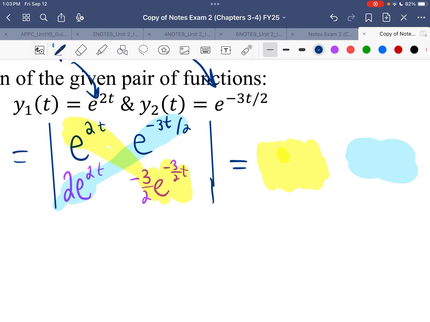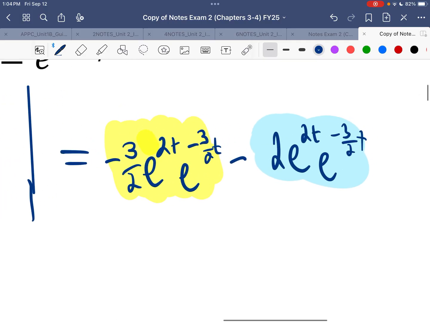So you'd have negative 3/2 e to the 2t times e to the negative 3/2 t minus 2 e to the 2t e to the negative 3/2 t. We're multiplying things that have the same base, e, so we add the exponents.